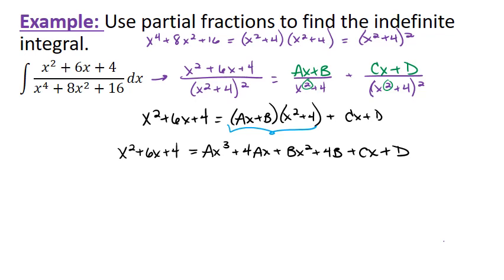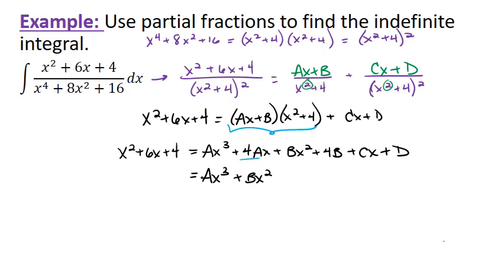Okay, well, now I want to, in a sense, combine like terms. So anything that's cubed I'm going to put together, anything that's squared I'm going to put together, and so on and so forth. So when I do, I only have one cubed term, which is ax cubed. I only have one squared term, bx squared.